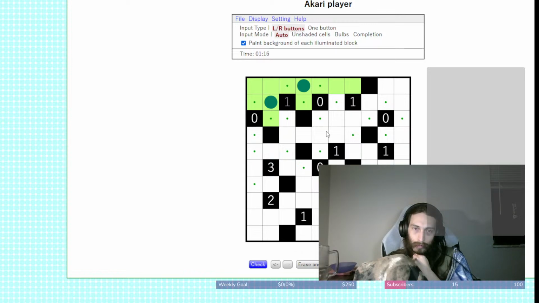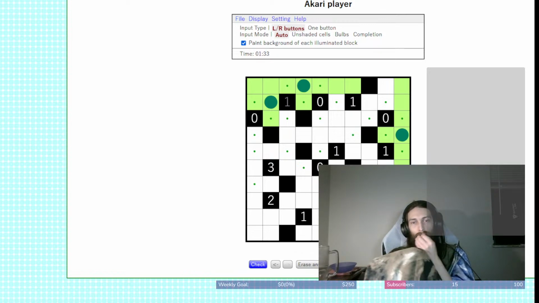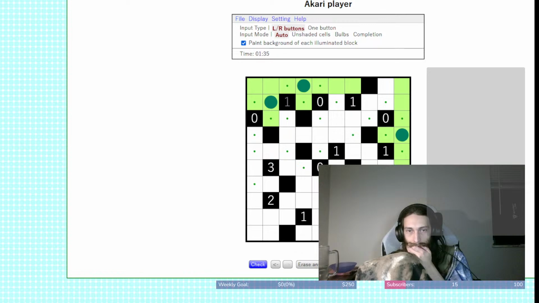Next to the last column, between the 0 and the 1, there's a dot. So, yeah. Then in between that dot you just made and underneath the 1 has to be a light, because that's the only way that spot can be lit. Which is everything for that 1.